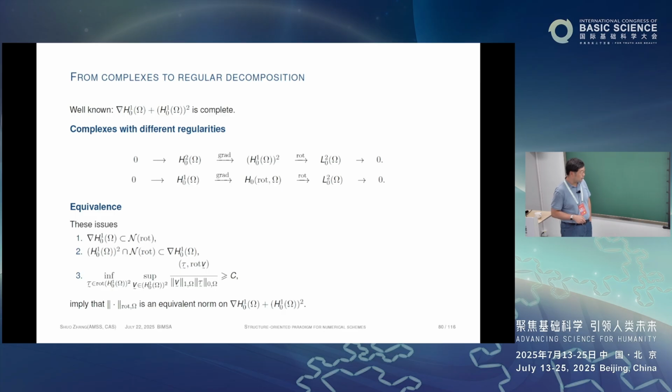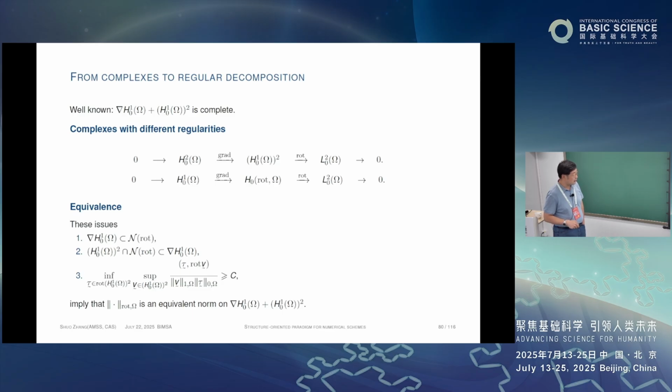And the third observation is that the curl has a pre-image in H1, curl is equivalent to gradient at the pre-image of curl in H1, that is this inf-sup condition, that is tau in this image of H1 vector, and this inf-sup condition is true.